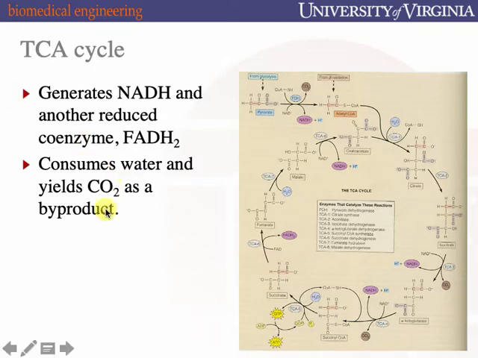As I already said, it's yielding CO2 as the byproduct, and it's also consuming water to achieve several of the metabolic steps along the cycle. Where we stopped last time was at this entry point into the TCA cycle. To remind, we had 2 molecules of pyruvate coming out of glycolysis, glucose cut in 2, so 2 3-carbon units.